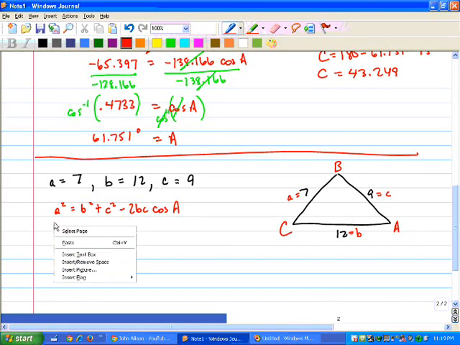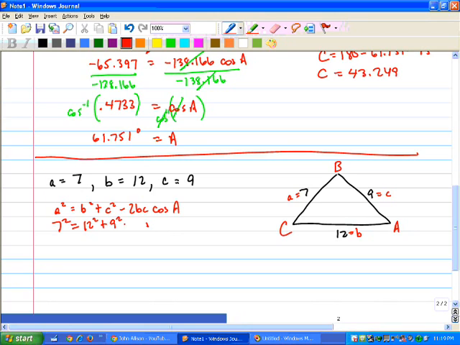So we have 7 squared equals 12 squared plus 9 squared minus 2 times 12 times 9 times cosine angle A. Now, just like before, we're going to isolate cosine of angle A. So the first thing we do is figure out what 12 squared plus 9 squared is.